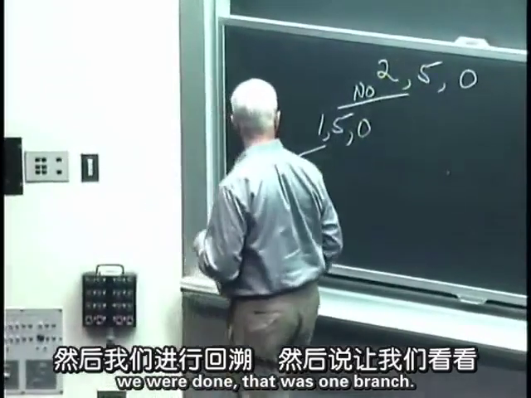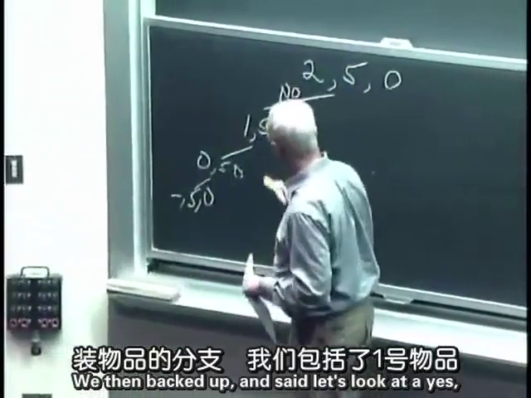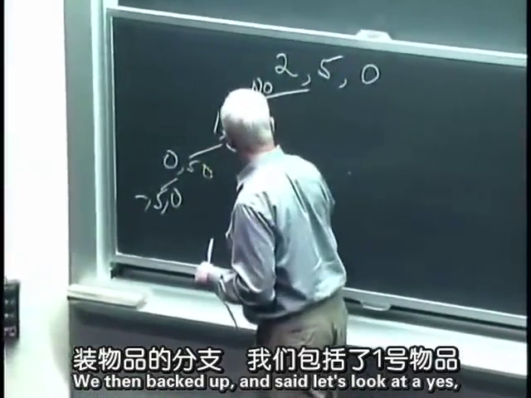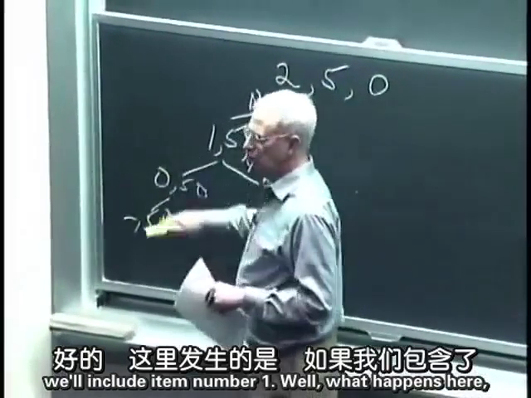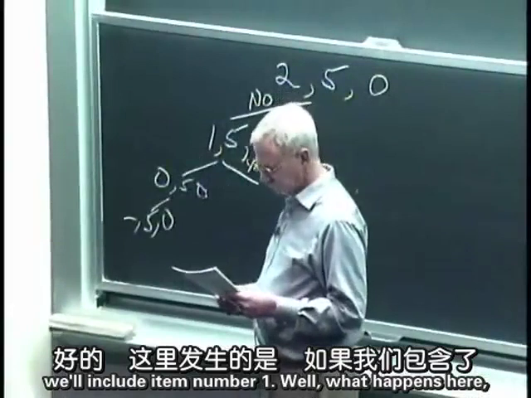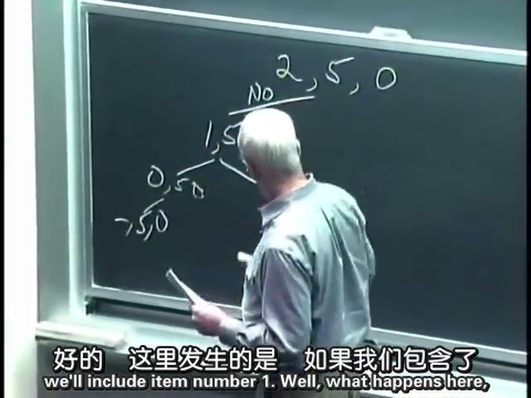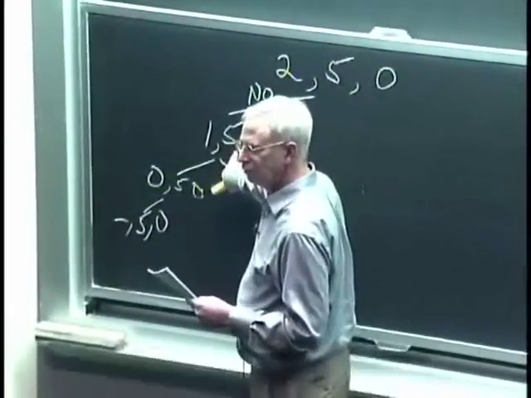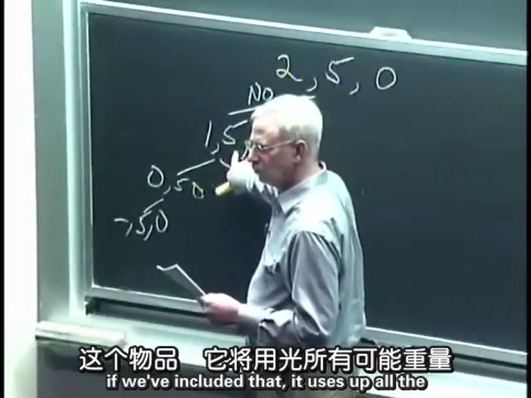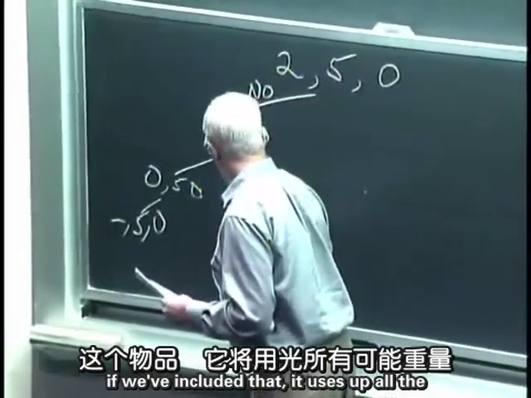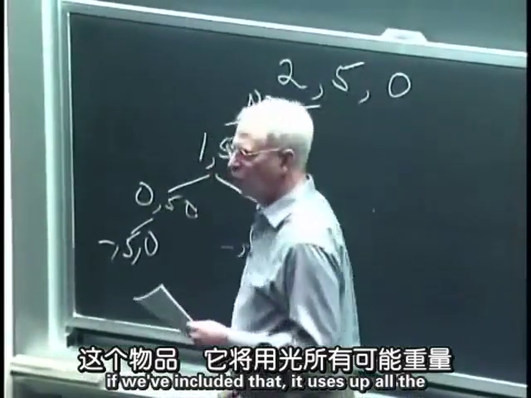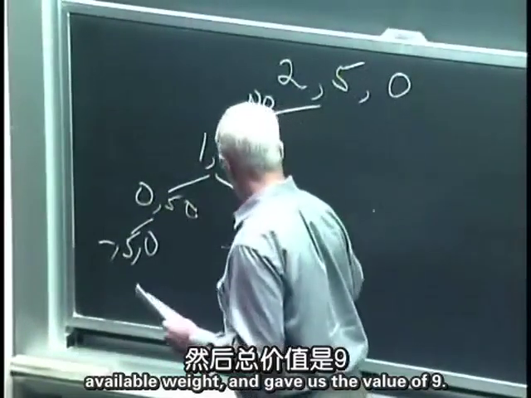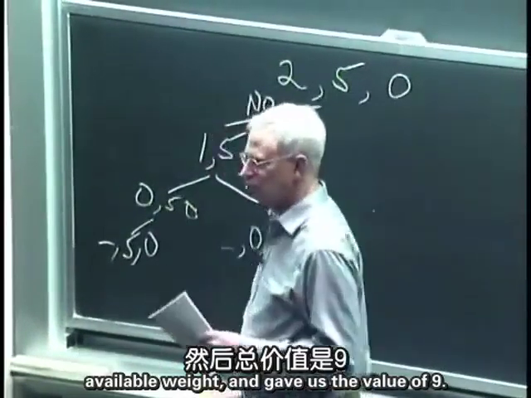That was one branch. We then backed up and said, let's look at a yes. We'll include item number 1. Well, what happens here? If we've included that, it uses up all the available weight and gave us a value of 9.